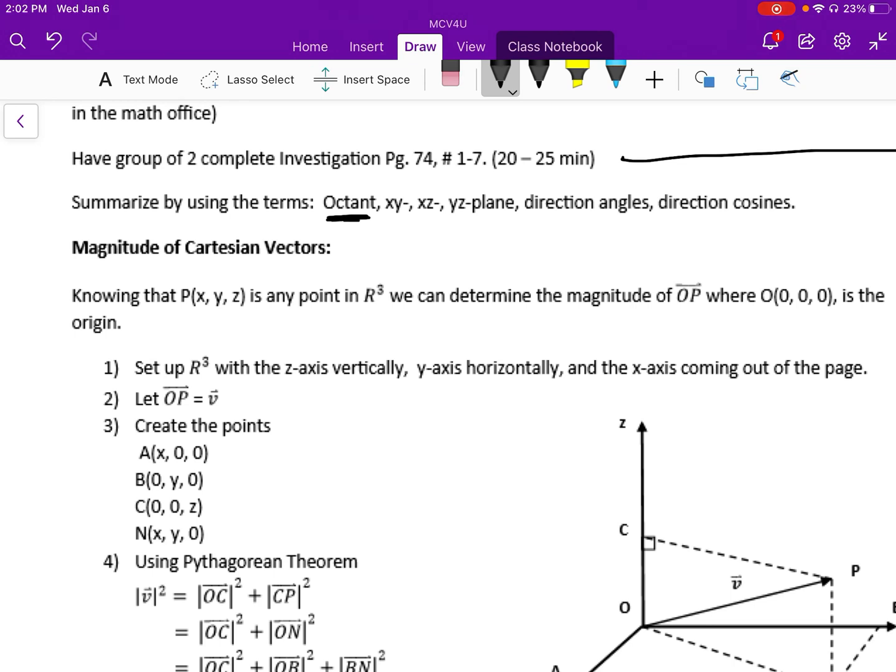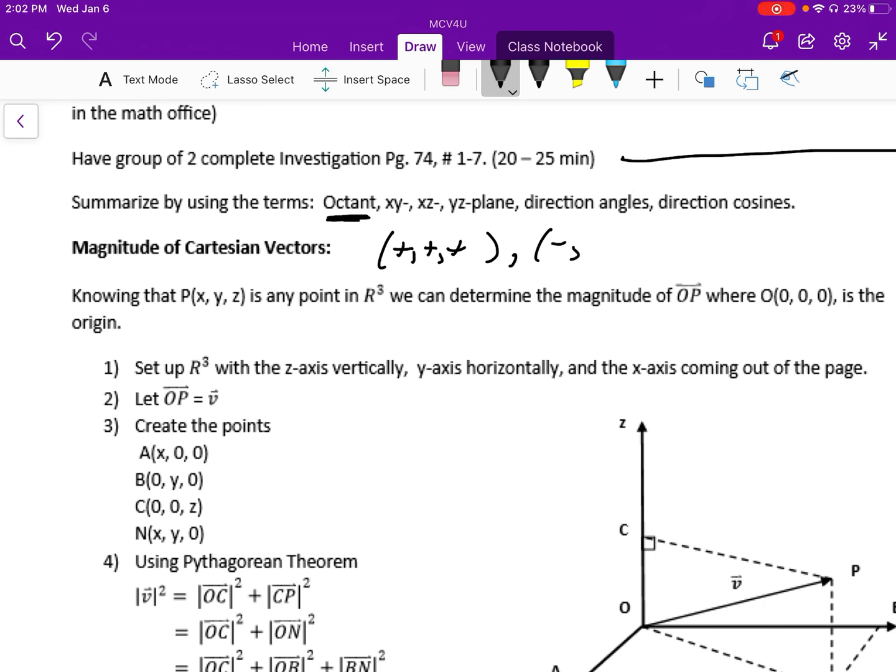In 3D, we have 8 of them, and the points are different in each. The first quadrant is positive, positive, positive. You have those where everything is on the top and to the right hand side. If we are doing above the z-axis, there are 4 of them above the z-axis.